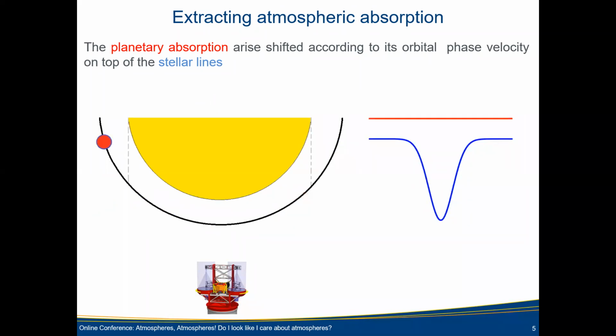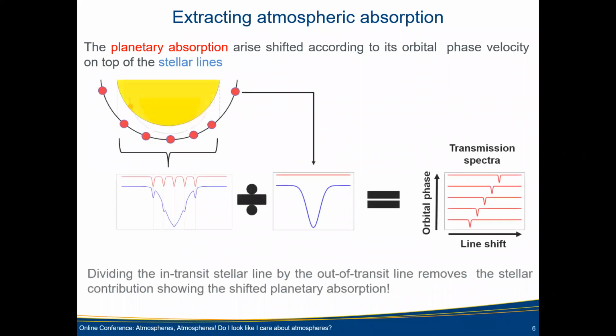So what we then do is use all in-transit observations and divide by a master out-of-transit observation. What you get, and what you want to see, is the absorption signature in the transmission spectra arising at different positions, with regard to the orbital phase of the planet and the velocity of the planetary atmosphere.